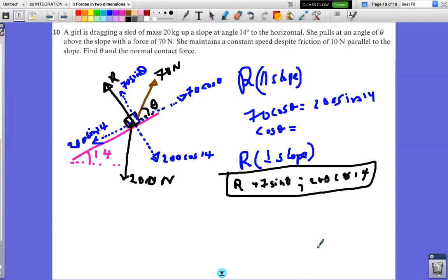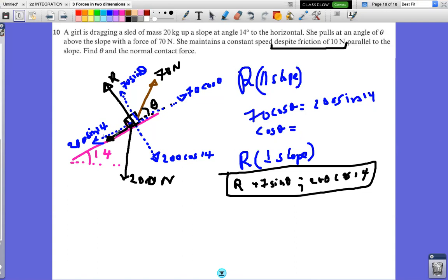Okay. I think the friction is down the slope. Very good. There is a frictional force of 10 newtons. Who was that, please? Lin.